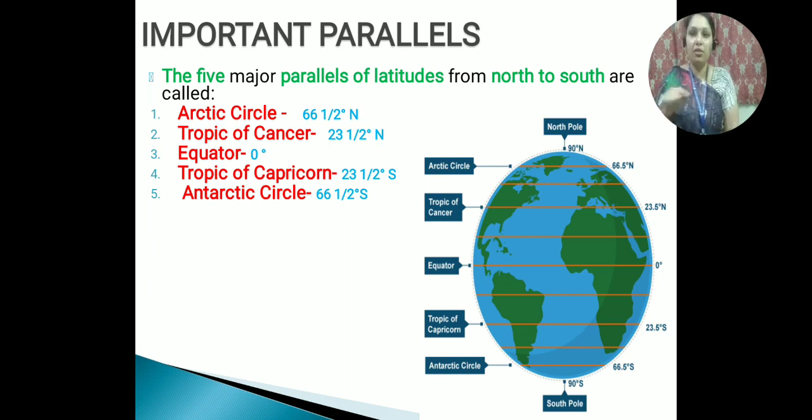The equator is the longest line, which divides the earth into two equal parts, the Northern Hemisphere and the Southern Hemisphere. The Tropic of Cancer and the Arctic Circle are in the Northern Hemisphere. The Tropic of Capricorn and the Antarctic Circle are in the Southern Hemisphere.